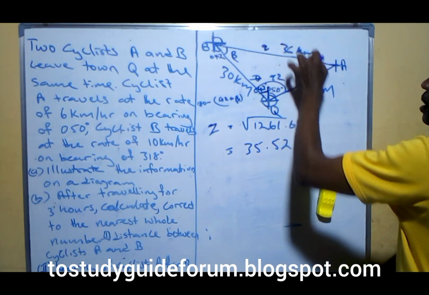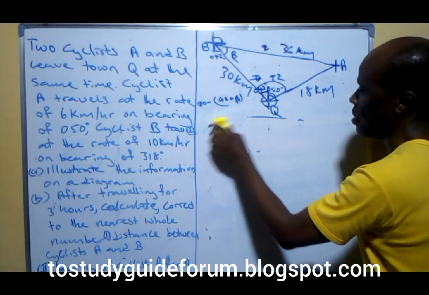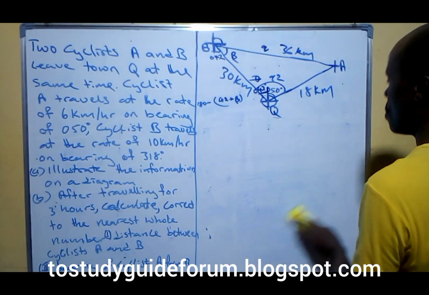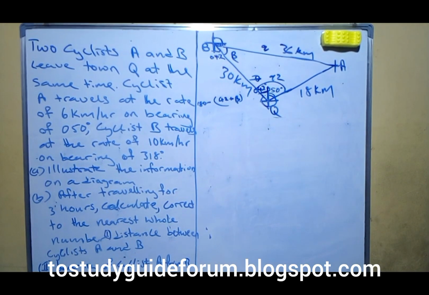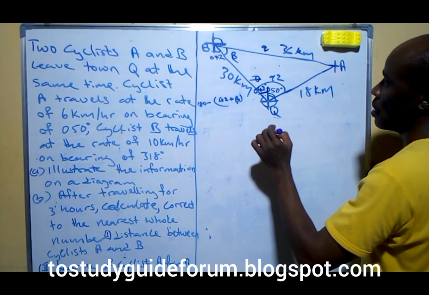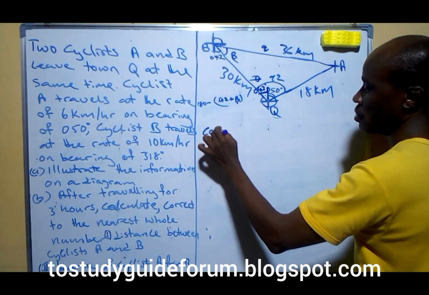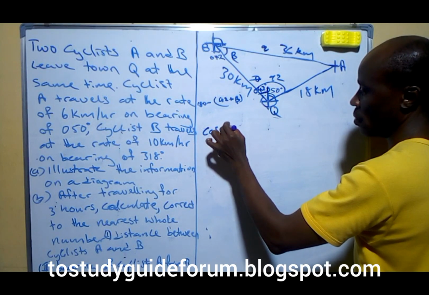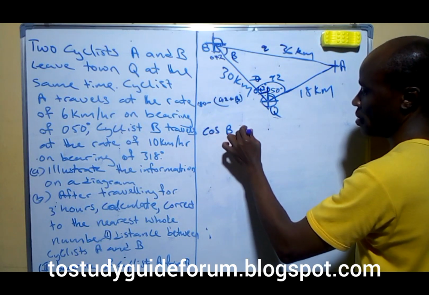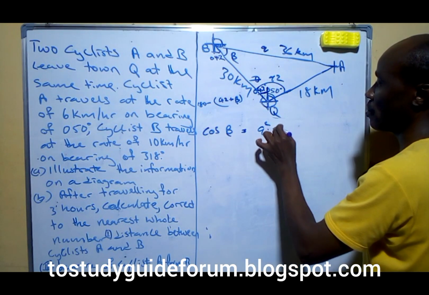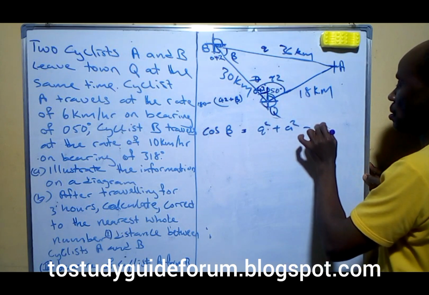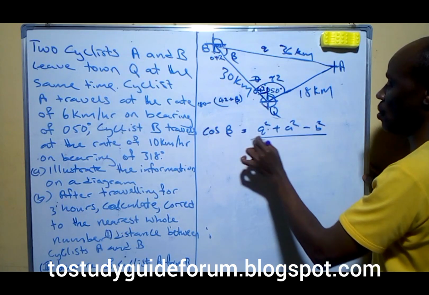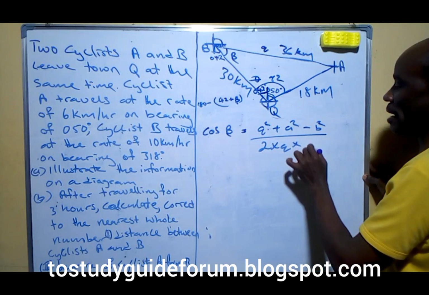To get beta now, using the cosine rule, we say that cos beta is equal to q squared plus a squared minus b squared, all over 2 times q times a.